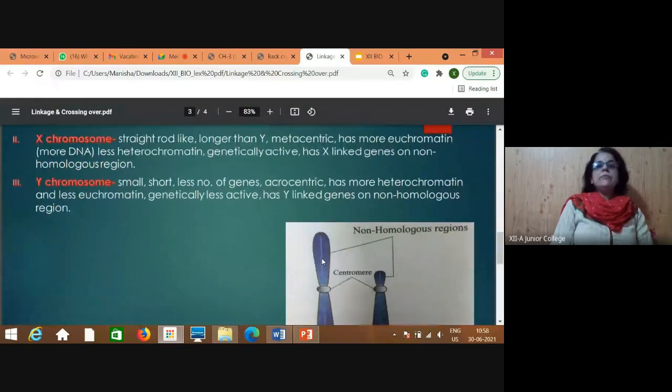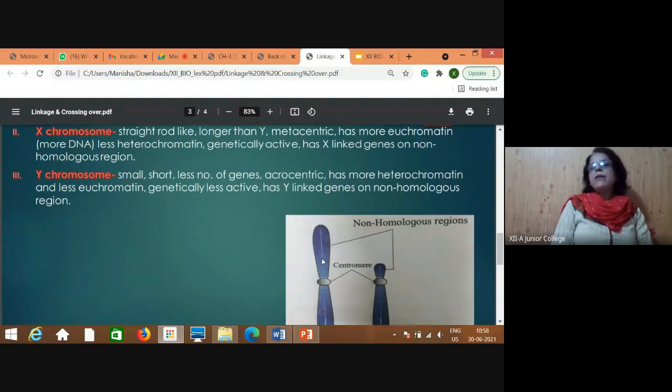One more thing you have to remember is that the euchromatic region is more in the X chromosome and less in the Y chromosome. As the region is larger in the X chromosome, what does euchromatic mean? More DNA is present in the X chromosome and the heterochromatic region is less, which is less active genetically.